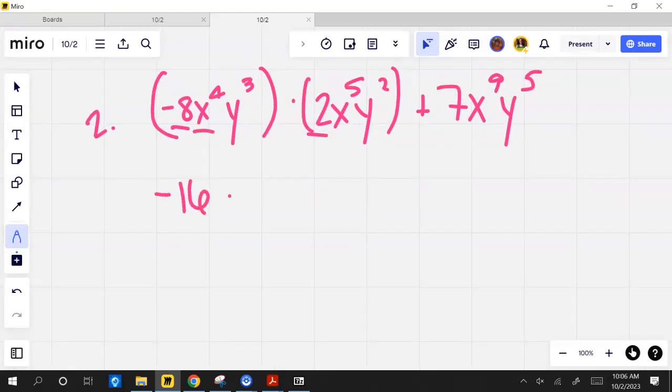Then I have x4, x5, which gives me what? x9. And then I have y3 and y2, which gives me y5. What do you notice about these 2 terms now? They're like terms, right? By definition, like terms, same variables, same exponents on those variables.